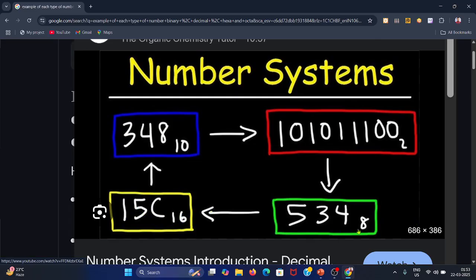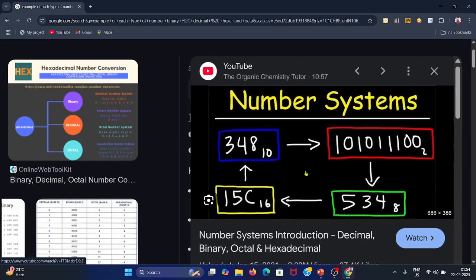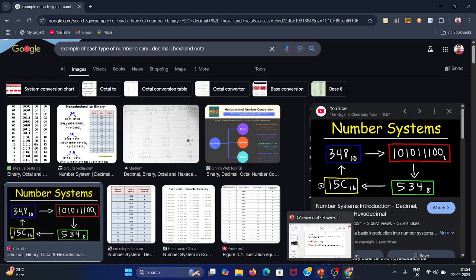After that, octal. In octal representation, it starts from 0 and we can take digits up to 7. In this case 534 is within the range from 0 to 7, so that's why it's an octal number and the base is 8, as you can see. So these are different types of representation.